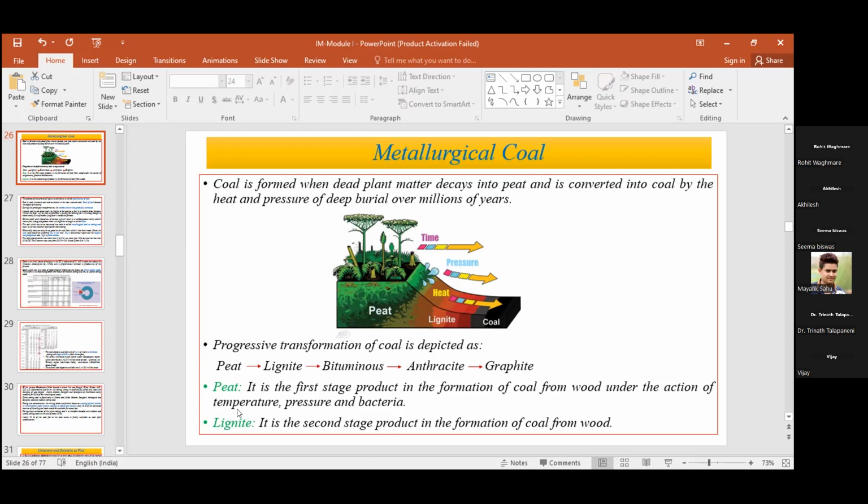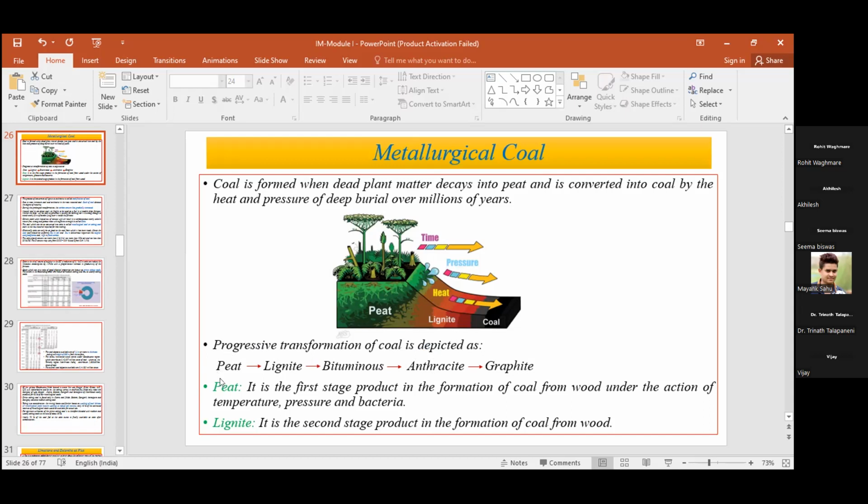So this formation of coal basically takes place by undergoing various transformations, starting with peat, and then this peat is transformed into lignite, and lignite to bituminous. Again in between we have semi-bituminous, then anthracite, semi-anthracite, and then graphite.